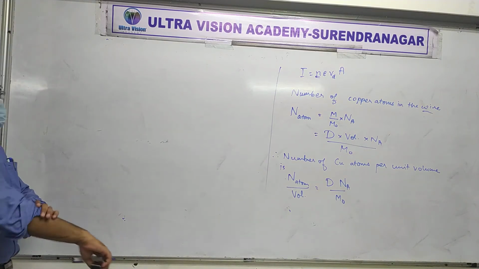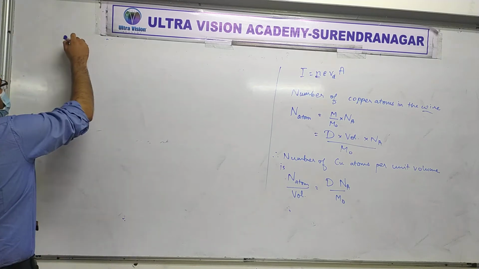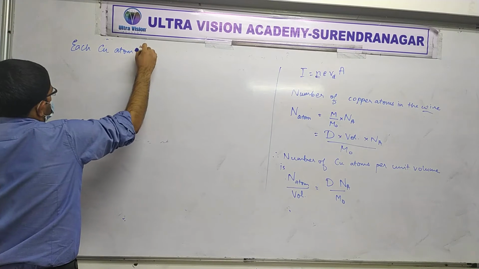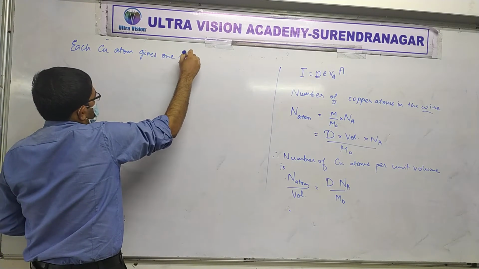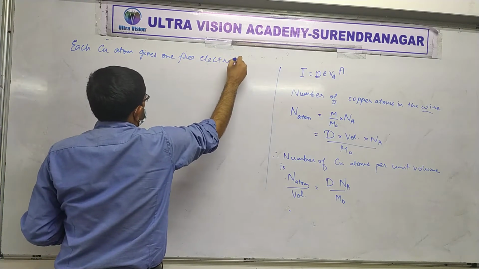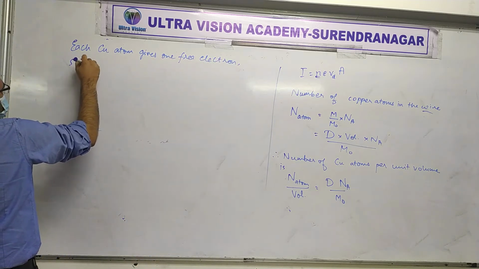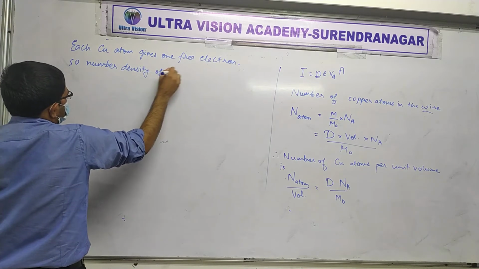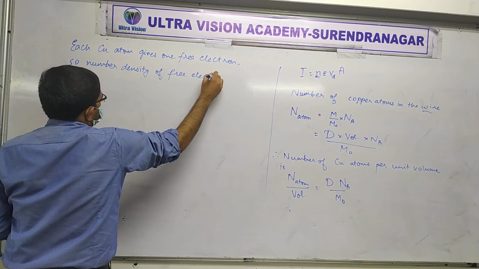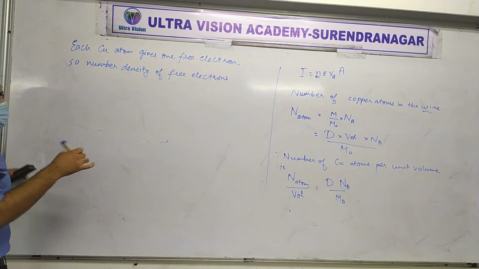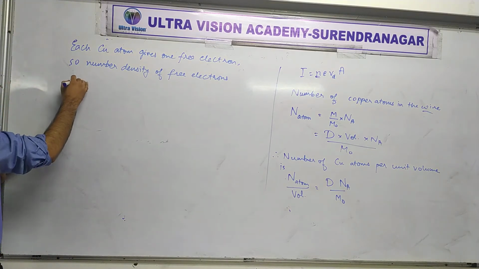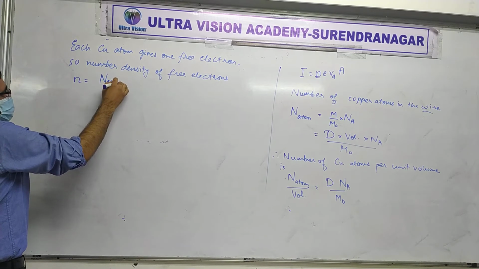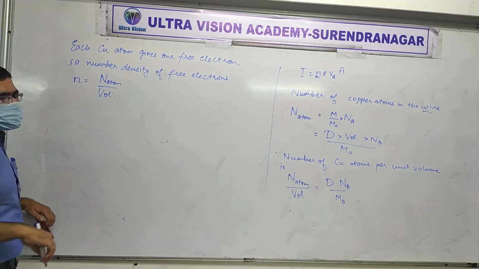Sure. So now we will write that each copper atom gives one free electron. So number density of free electron. Number density means what? Number of electrons per unit volume. Small n is equal to N atom upon volume. Clear?